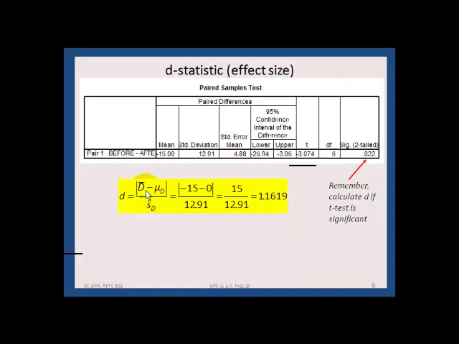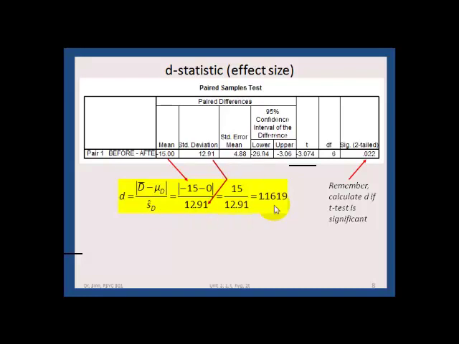And you'll notice the top is, like before, just the difference between the two means. And since we've made mu D equal to 0, it's really easy. It's just the observed difference score on the top, and then on the bottom, that's our standard deviation of the difference scores. Not standard error, but standard deviation.